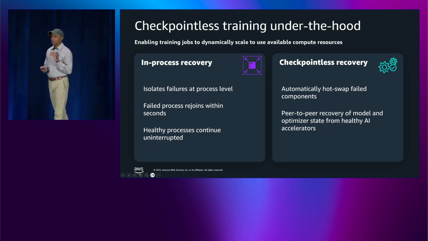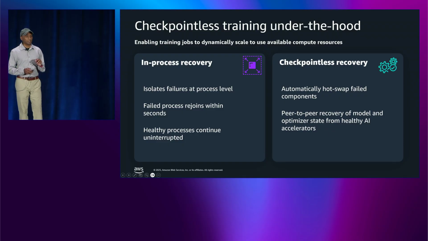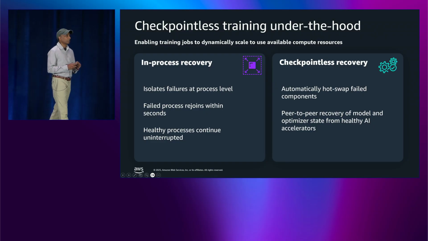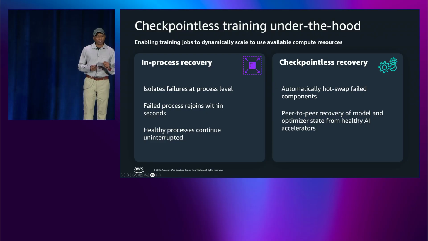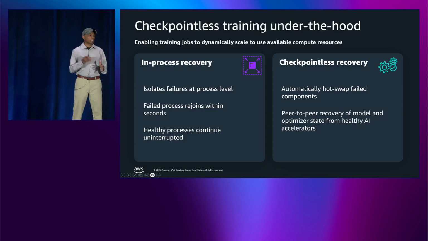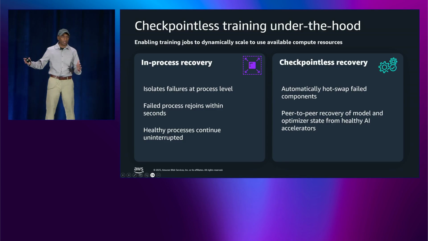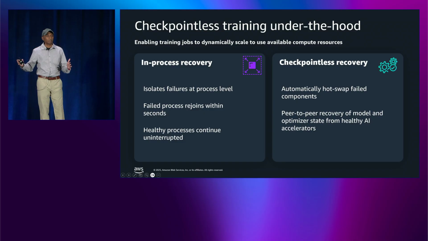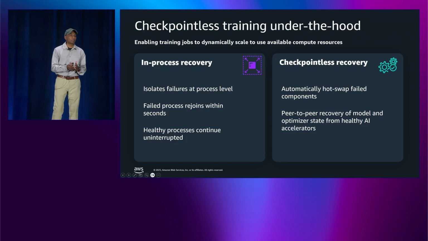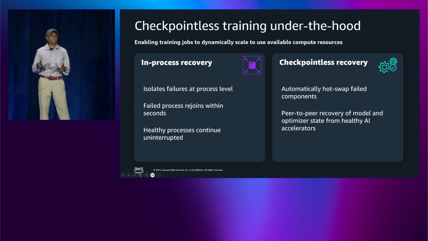The fourth and most innovative component is the checkpointless recovery itself. Traditionally, you will have to take checkpoints. The training processes need to take checkpoints at certain intervals, and when a failure happens, the processes need to roll back, repeat some of the steps, and continue.